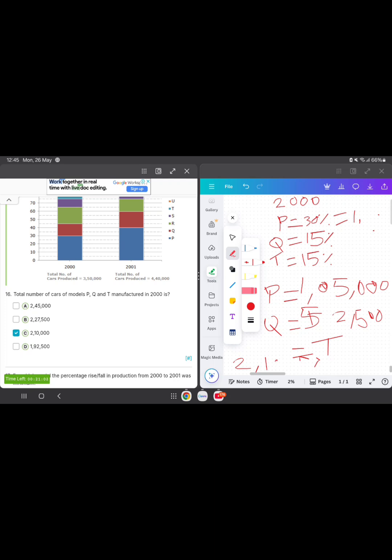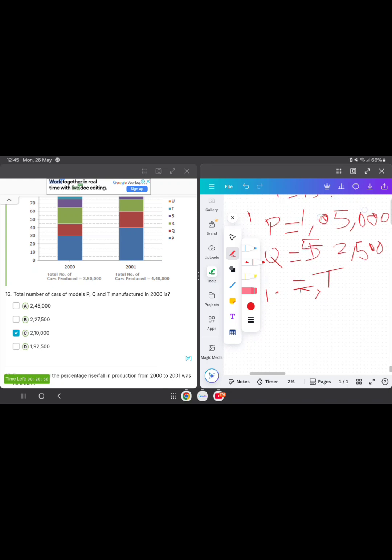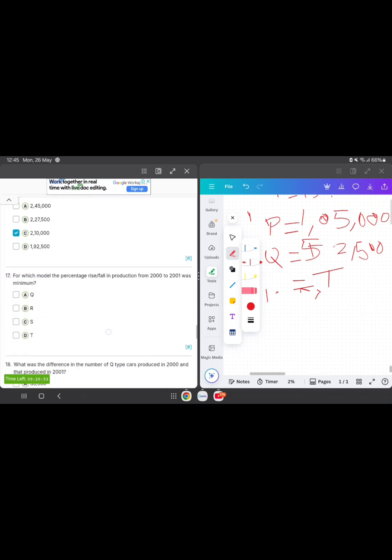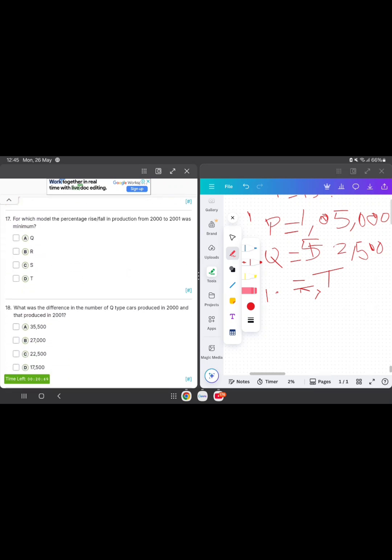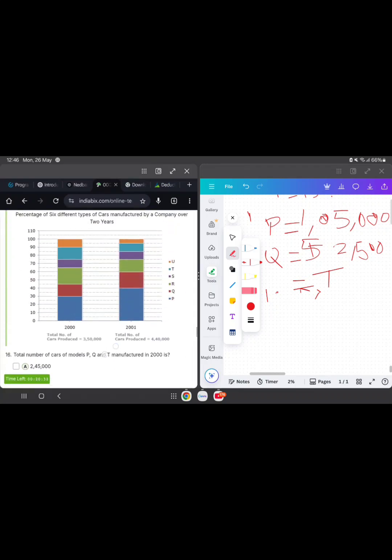So there's something wrong with my writing too, so I will just say where I can write. Okay, and then moving on to question 17, asking for which model the percentage rise or fall in the production from 2000 to 2001 was minimum.